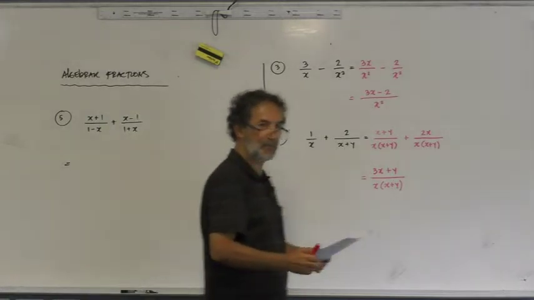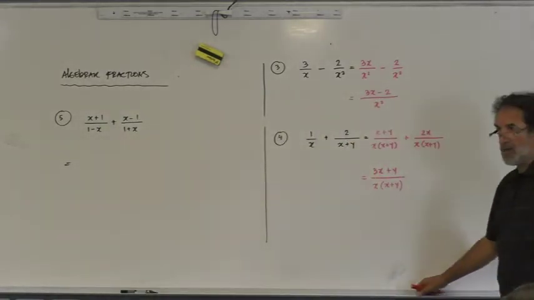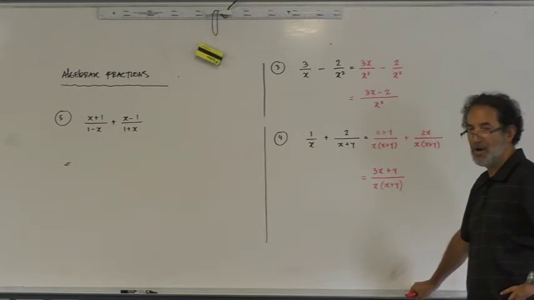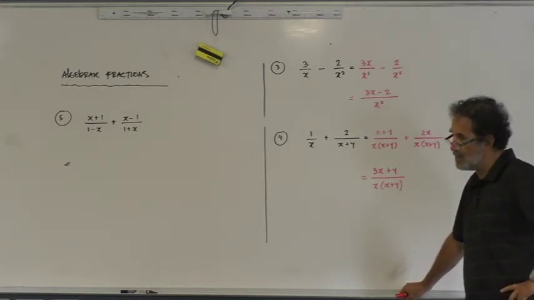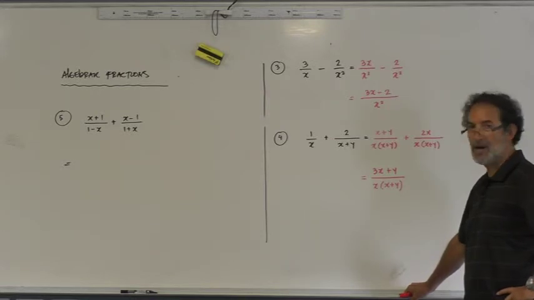Okay, so I want you to copy that one. Clearly, we don't have the same denominator, right? And also, it is clear that we're going to have to amplify these two fractions to, at the end, have the same denominator.